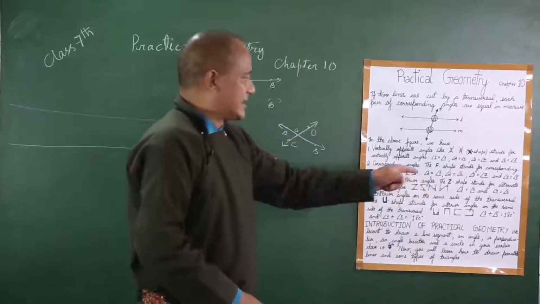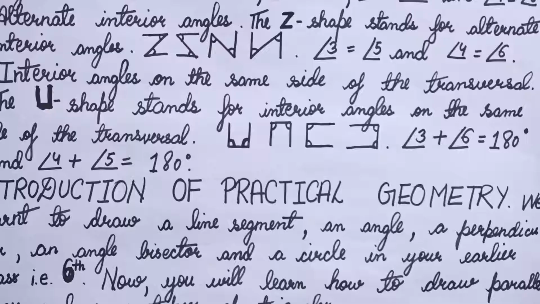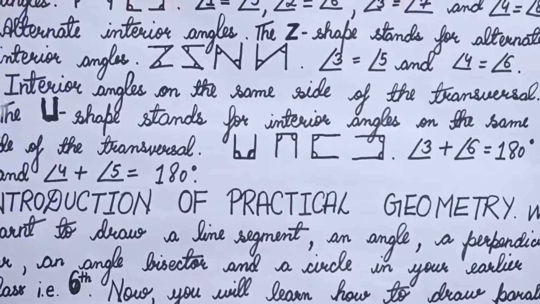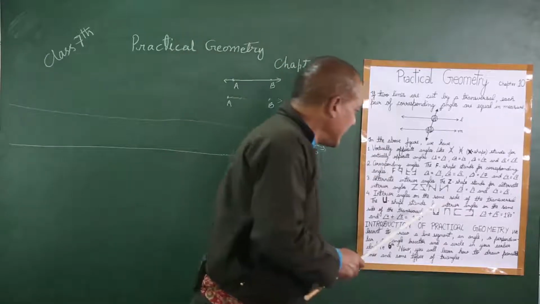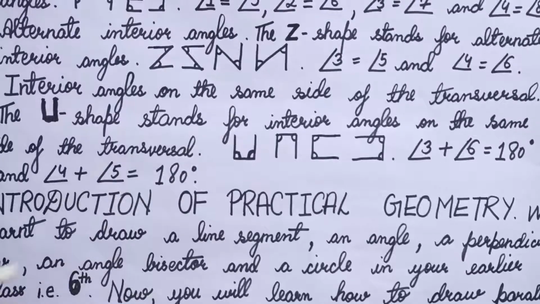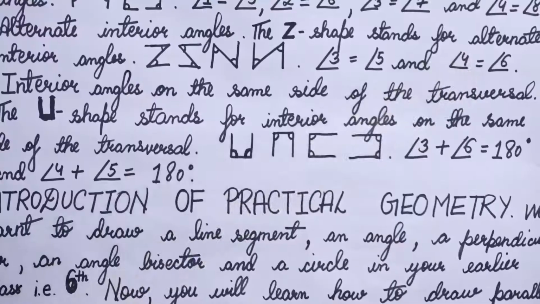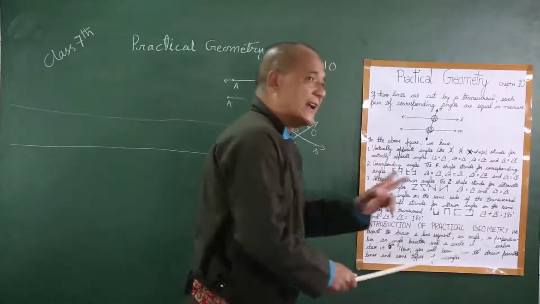So these corners, which are formed between the transversal and the two parallel lines, in the interior of this figure on the same side of transversal, are called interior angles on the same side of transversal. Now the fact here is, the sum of the interior angles on the same side of transversal is 180 degree.